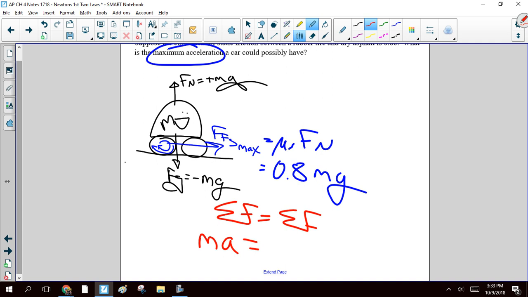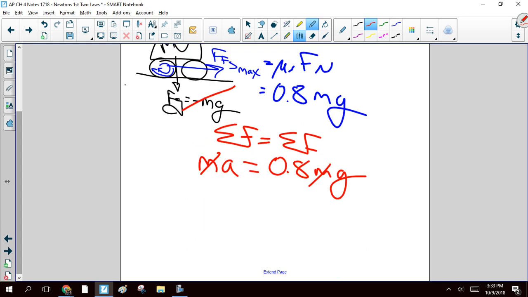According to the sum of our forces, these forces are going to cancel, so our net force is just the static friction, which is 0.8 mg. Let's see, the m's cancel, and so the maximum acceleration we can get is 0.8 times g. So 0.8 times 9.8, which is 7.84 meters per second squared.